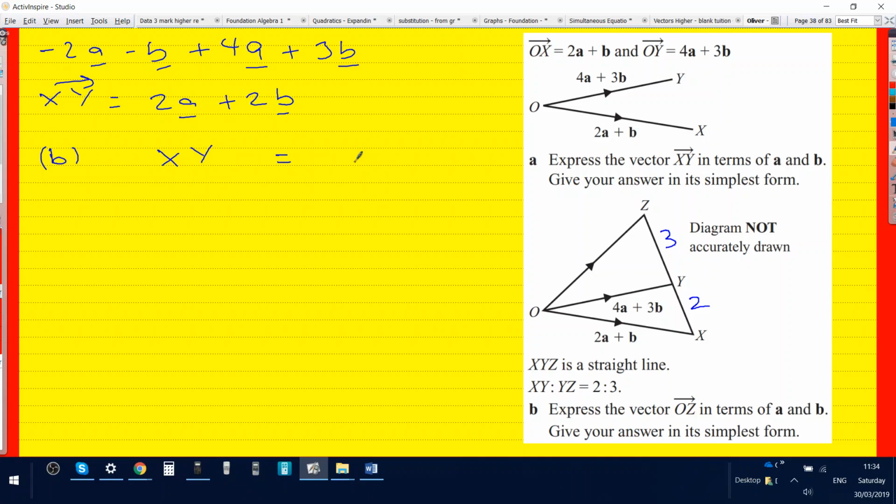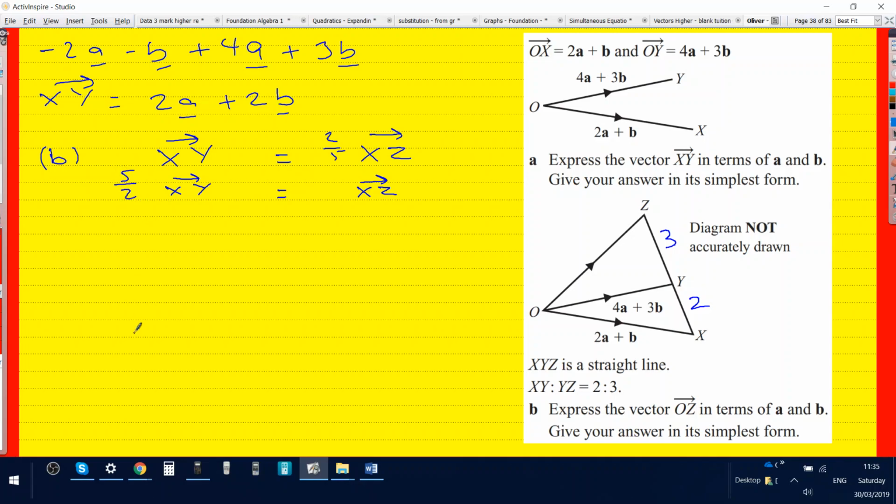X to y is 2/5 of x to z. And so x to z is what fraction of x to y? 5/2. Yep.